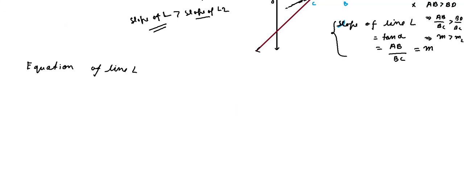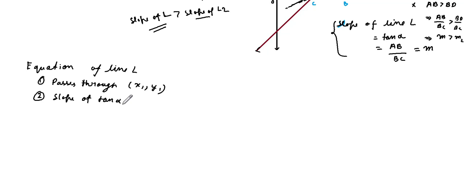This is our one piece of information. The second piece of information is that it has slope tan alpha, or we can also call it m. So we have these two data.